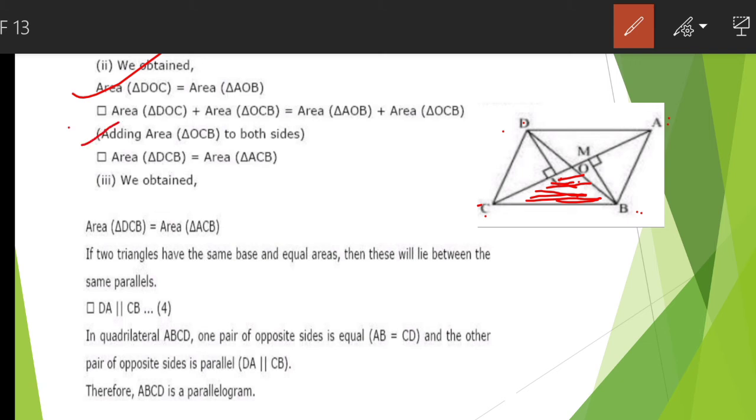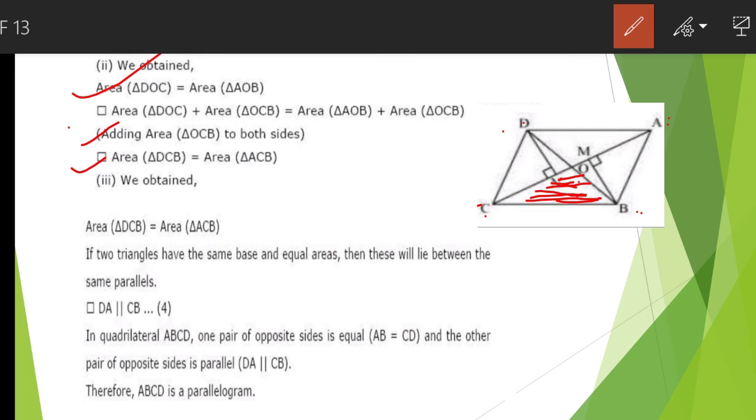So area DOC plus area COB is equal to area AOB plus area COB. Together we get DCB on the left hand side. So DOC plus OCB is DCB and AOB plus OCB is ACB. So the areas of both these triangles are equal.